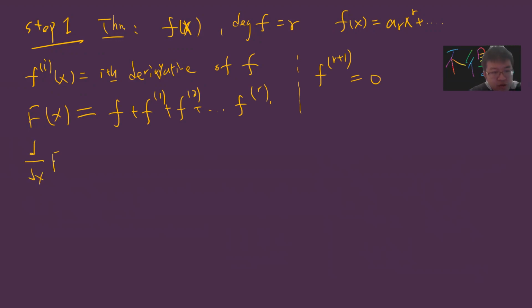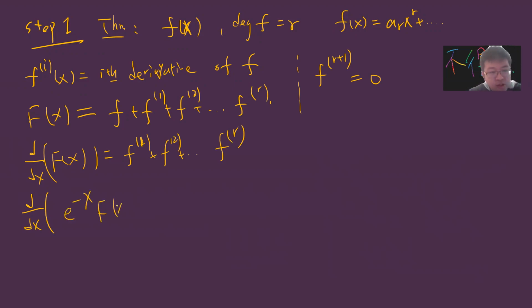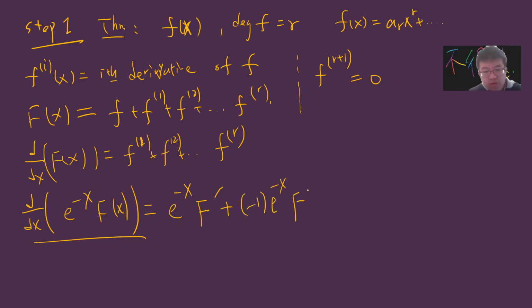Basically, d/dx of f(x), if you do it again, you get f1, and so on: f1, f2, up to f^(r). Now if you apply d/dx to the exponential of negative x times F(x), you get negative exponential x times F derivative, plus the other term, minus F. You can see that these two terms combine: F prime minus F gives negative f, so you get negative f times exponential of minus x.